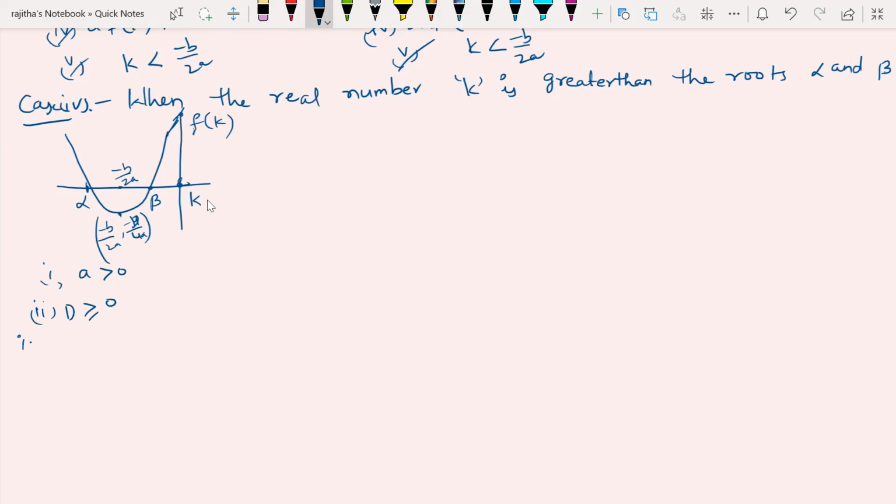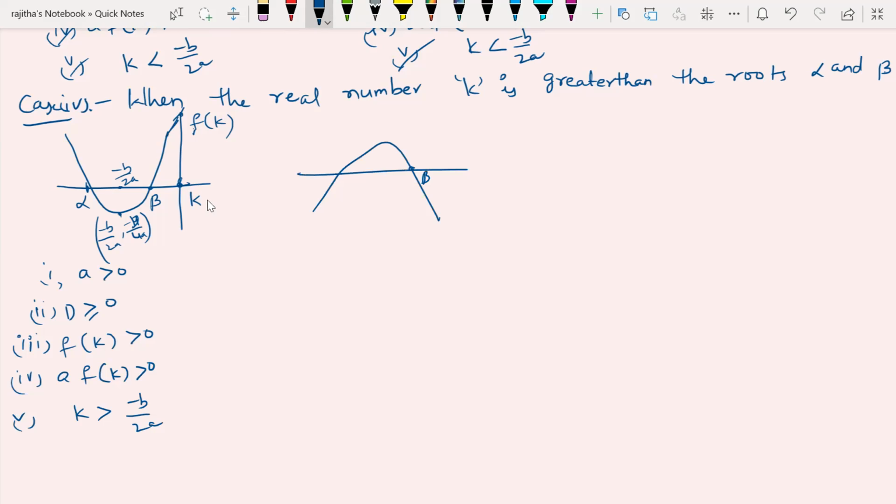The discriminant is greater than or equal to 0. Next, f of k is also greater than 0. A into f of k is also greater than 0. Next, the k value is greater than minus b by 2a. In this graph, with beta, alpha, and here some k, this is f of k. Here a is less than 0, the first point.